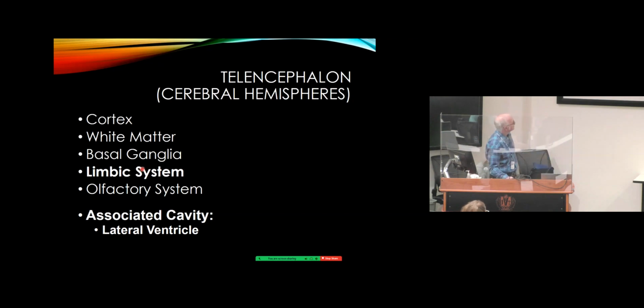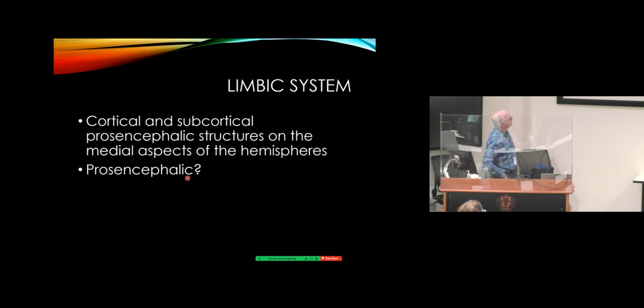All right, next, the limbic system, which I will say is just very cursory here. Psychiatry will spend a lot of time talking about the limbic system. In a nutshell, what is the limbic system? Well, it's cortical and subcortical prosencephalic structures on the medial aspects of the hemispheres.